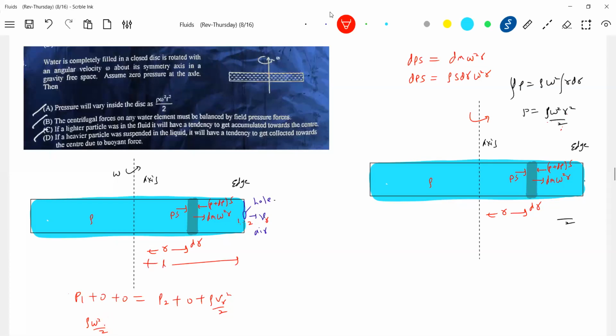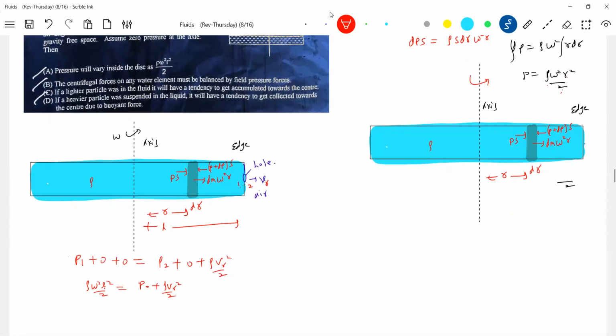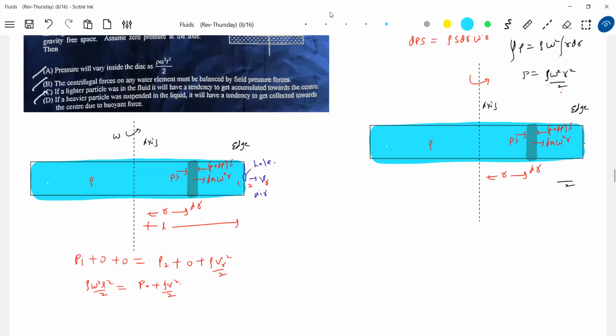In that case, it becomes rho omega square L square by 2 equal to P naught plus rho VR square by 2. If there is air, you can put atmospheric pressure P naught, then that P naught can get eliminated. Fine. So these are some things you should remember. So this is VR.